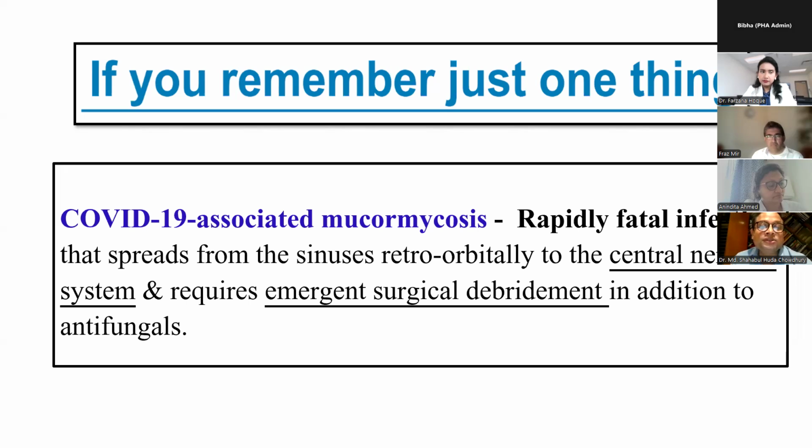We also see that iron metabolism is another important issue for the higher incidence of mucormycosis in COVID-19 patients. So hyperglycemia and other immunosuppressive states potentiate the prevalence of mucormycosis.